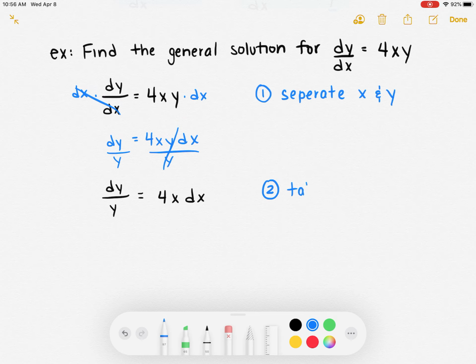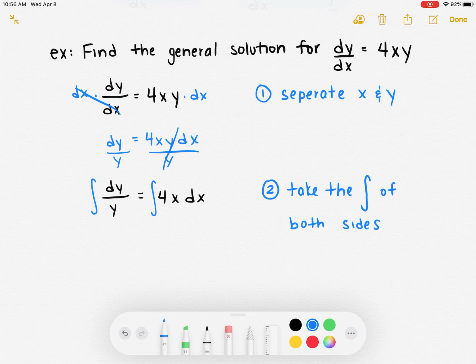So my next step would be take the antiderivative, and remember our symbol for antiderivative is that big squiggly S. Take the antiderivative of both sides, and I want to make sure I'm showing anyone who is looking at my work what I'm doing.